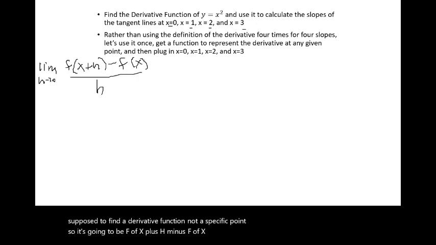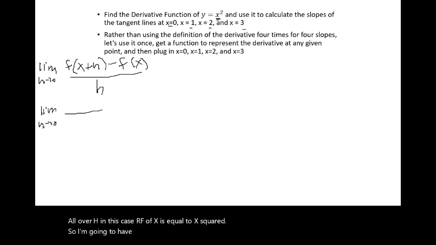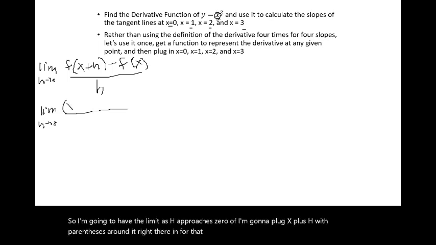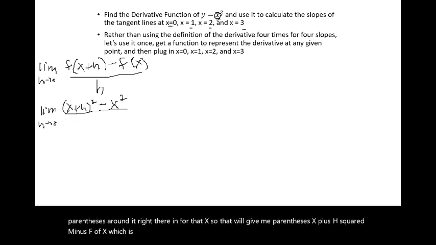And in this case, our f of x is equal to x squared. So I'm going to have the limit as h approaches 0 of, I'm going to plug x plus h with parentheses around it right there in for that x. So that will give me parentheses x plus h squared minus f of x, which is x squared, all over h.